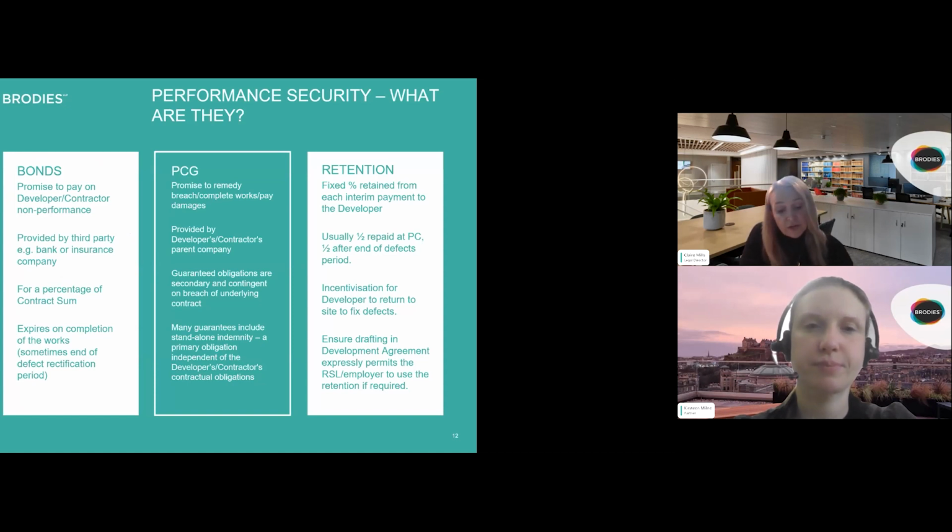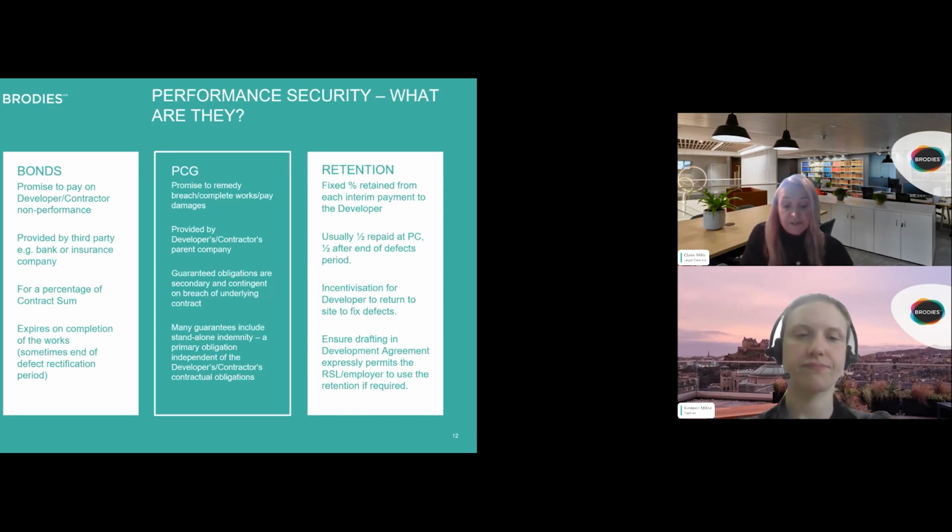The surety or guarantor who provides the bond is an independent financial institution, often a bank or an insurance company, and the amount of security provided for under the bond is typically around 10% of the value of the construction works. Bonds will be in place for the duration of the works, typically expiring at practical completion or in some cases at the end of the defects rectification period.